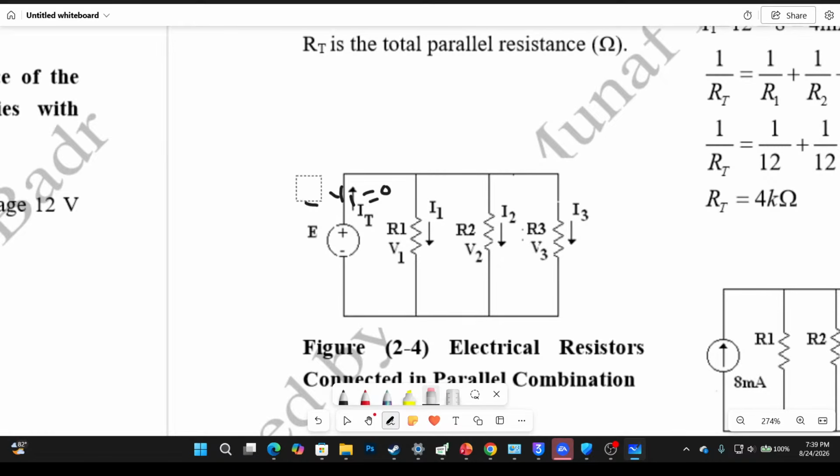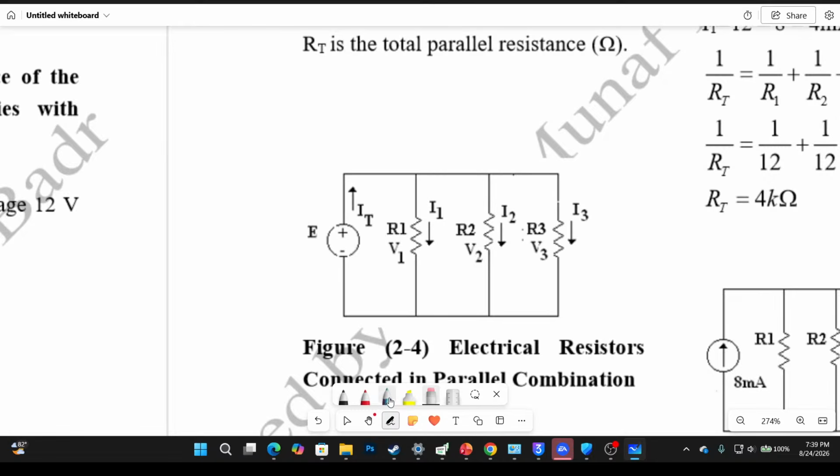Now, KVL states that the algebraic sum of all the potential drops across each of these components should be equal to the voltage source.